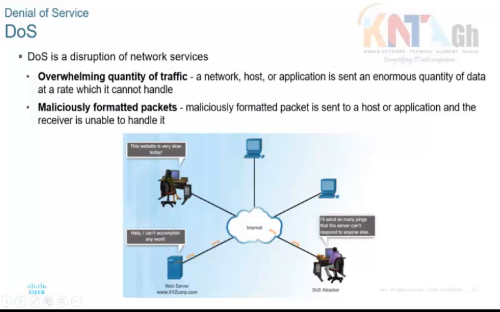So this is the denial of service attacker. He's sending a quantity of what? Data to overwhelm this server, so that this user can't have access to the server. And that's a denial of service attack.